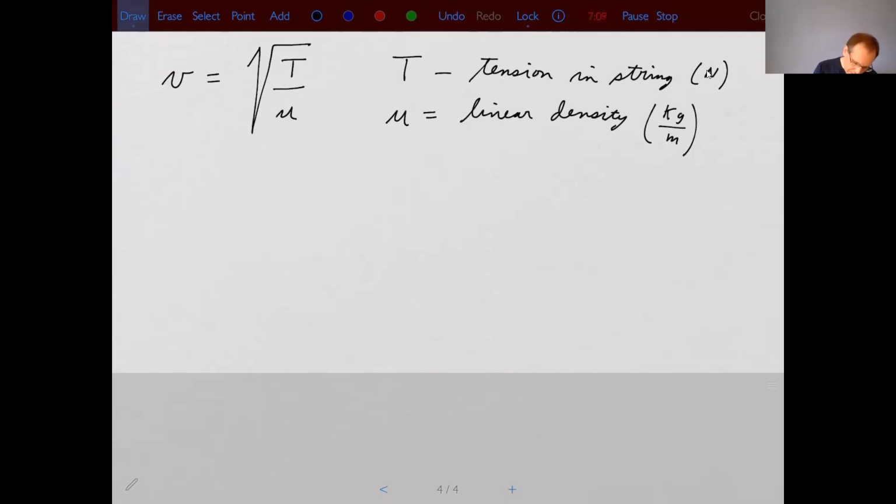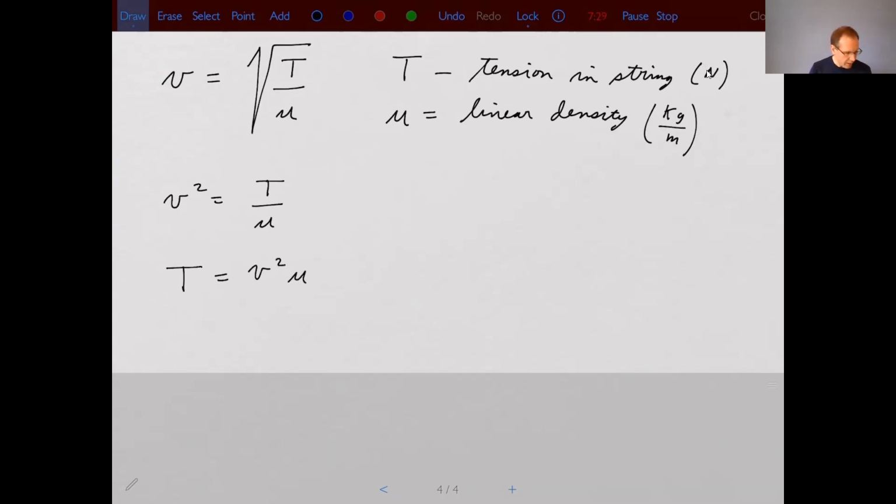If I square both sides, V squared is going to be T over mu, and then multiply both sides by mu, I get T is equal to V squared mu.